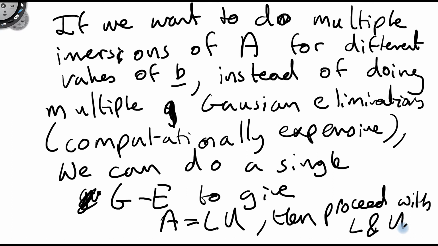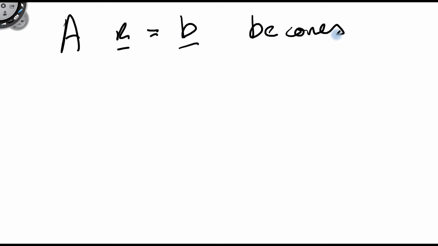Let me just expand on this. If we now have AX equals B, and we substitute A as LU, we have LUX equals B. One difficult matrix replaced with two simpler matrices.